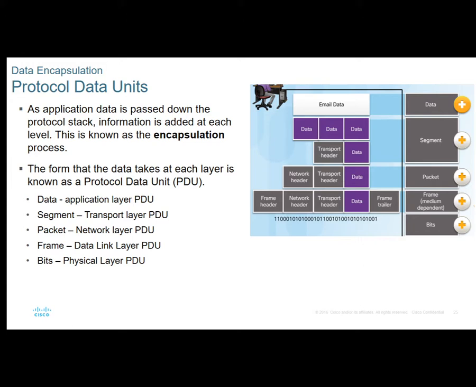Bits, ones and zeros is all it is. Ones and zeros, bits. That's what comes out of the network card and goes to the cable. Frame, the next one, it puts a frame together. That's done at the data link layer. And then a packet assembles frames together. And then a segment assembles packets together. And then data at the application layer, which is where it reaches you on the desktop.